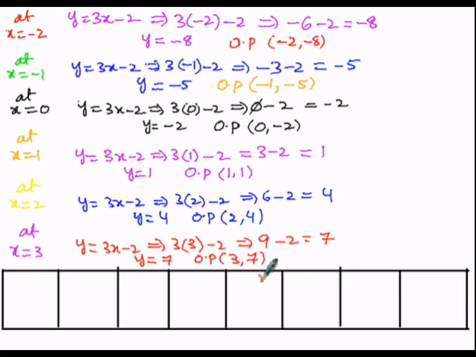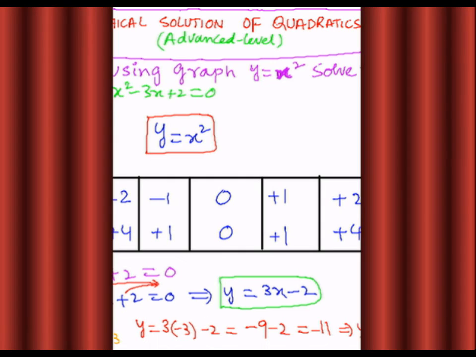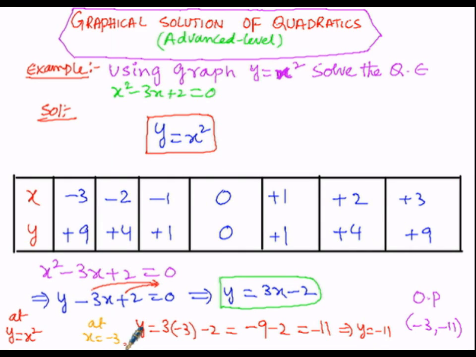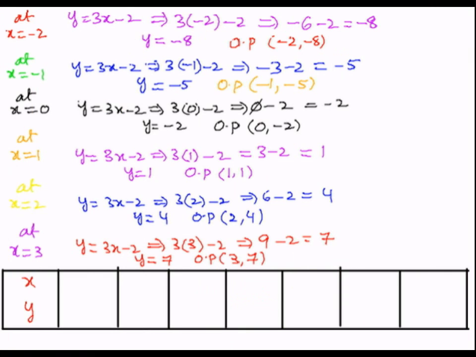So here x and y values, we are going to write in tabular form. At x equals minus 3, the first ordered pair is minus 3 comma minus 11. When x is minus 3, the y value is minus 11.